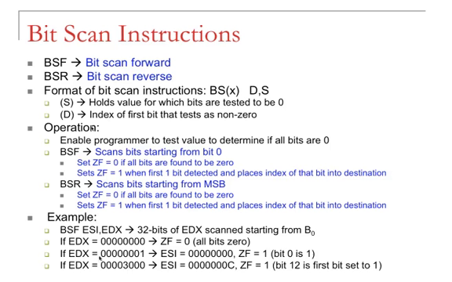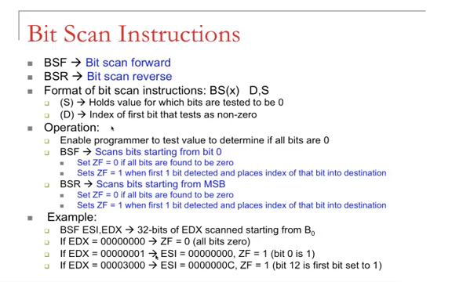The second scenario is when we have a 1 on EDX, and it happens to be the least significant bit of EDX. When we do the scanning, because this is BSF, that's scan forward. By forward, we mean we're going to scan from the least significant bit, from bit 0 all the way to bit 32, because totally we have 32 binary bits.